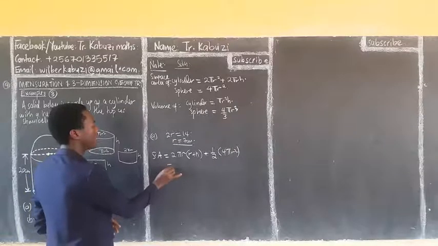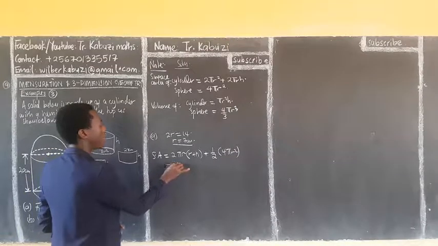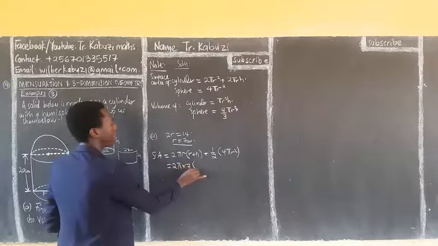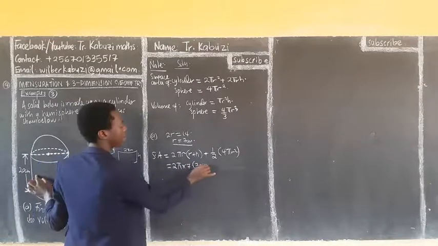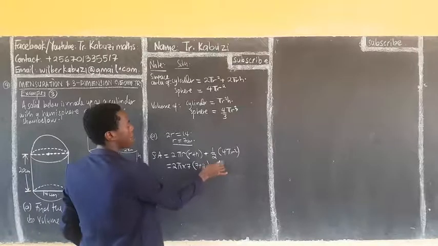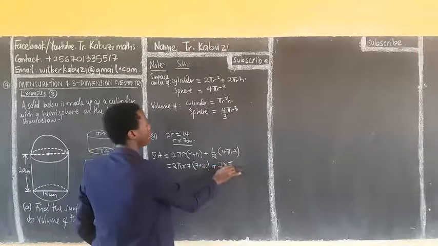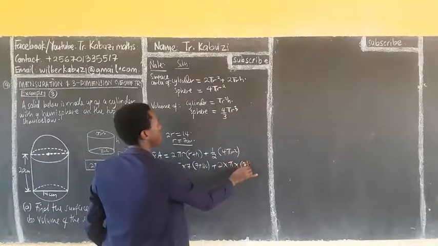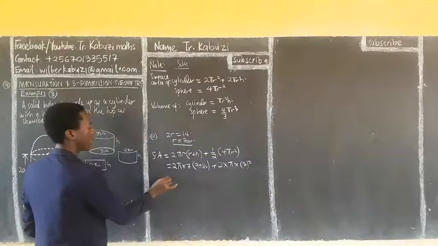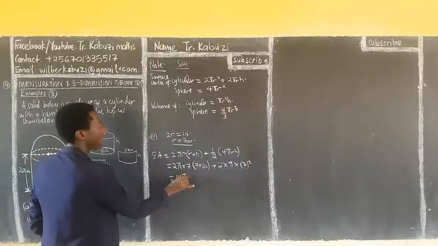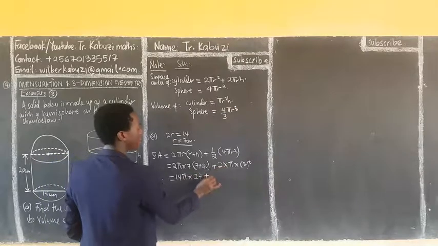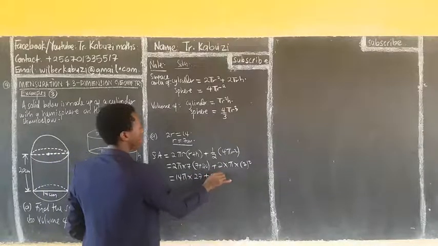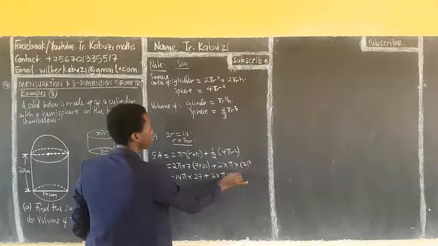So now we substitute: 2 pi times 7 into (7 plus 20), then plus a half times 4 times pi times 7 squared. This will give me 14 pi times 27, then plus 2 times pi times 49.